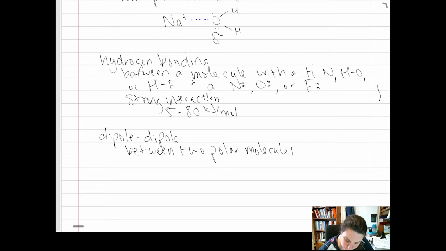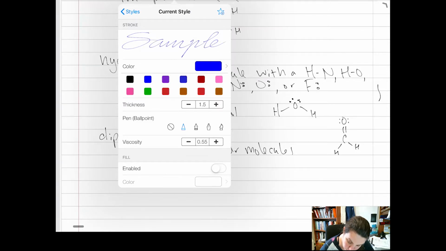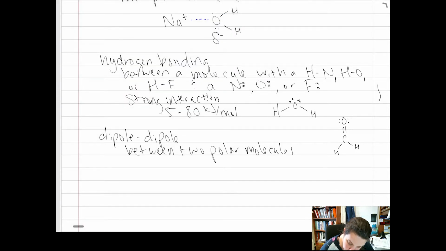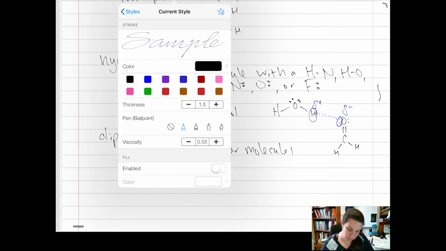Oh, real quick, let me just write what a hydrogen bond would look like. We can have something like water interacting with something like formaldehyde, between this pair of electrons on this oxygen and this hydrogen attached to an oxygen.